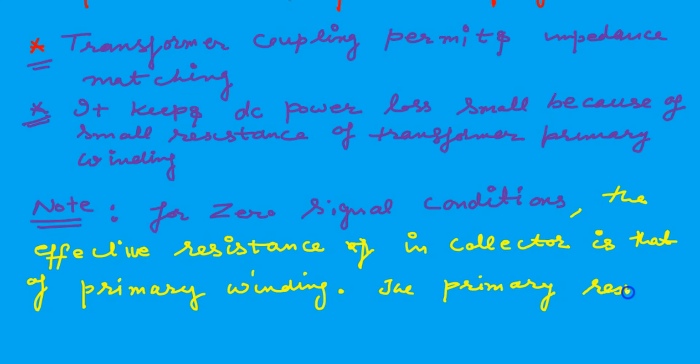That means 0 resistance means infinite current. With the voltage, there is infinite current because of the 0 resistance.